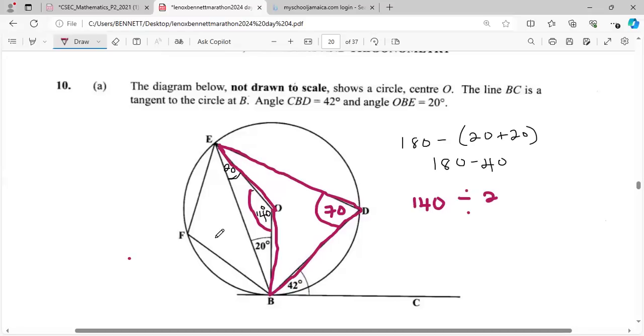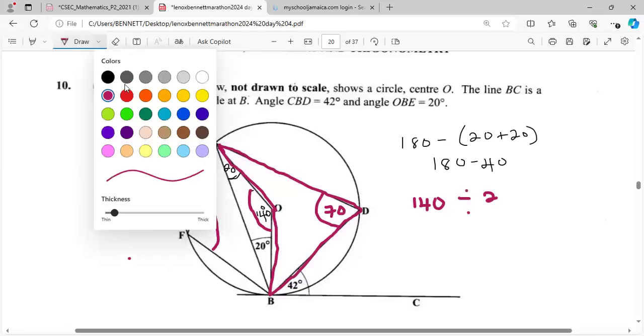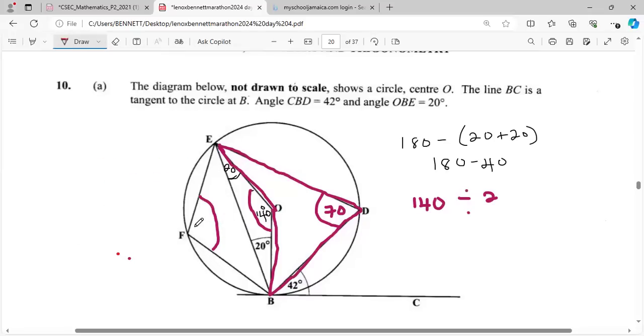Since I worked out the question already, what do you get for this angle here? 110. Because this plus this is 180. Remember, guys, this is a cyclic quadrilateral. Yeah. So guys, these are hard, but at the end of the day, you can figure it out.